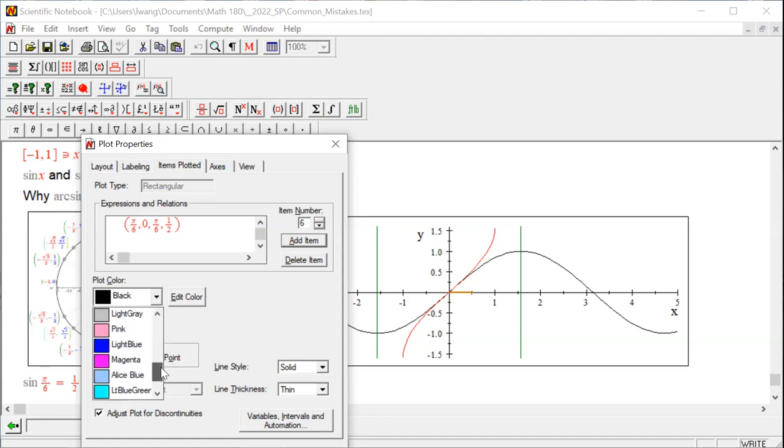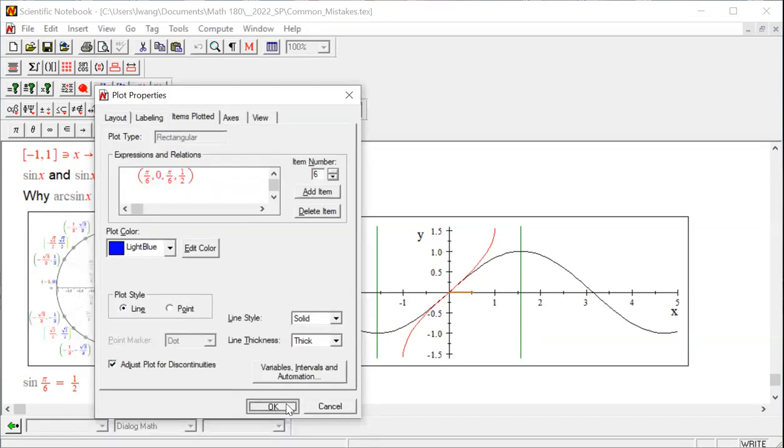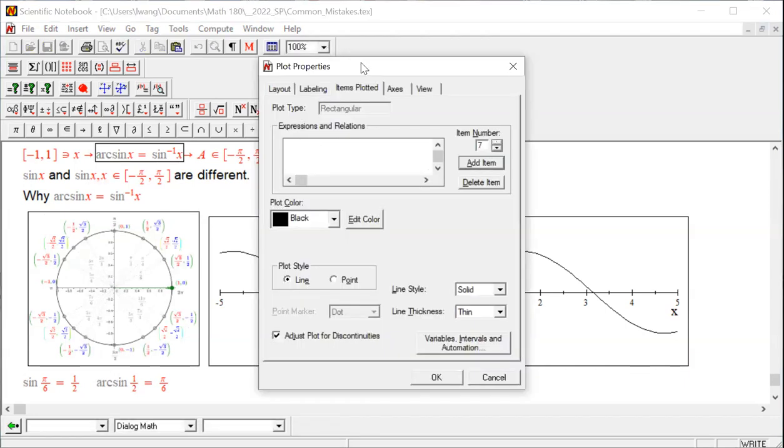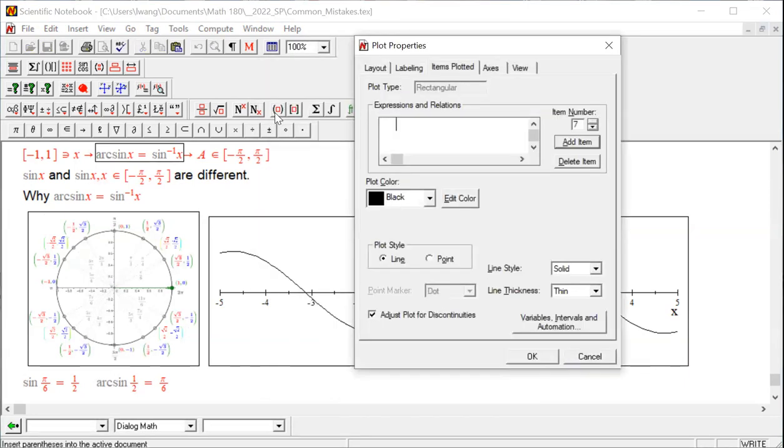Remember, we use a color blue. Okay, I'm gonna make it thick. That blue right there. You see that blue, there's a black dot on the sine curve. So I'm gonna put that black dot on the sine curve. So this point represents input, output, input pi over 6.